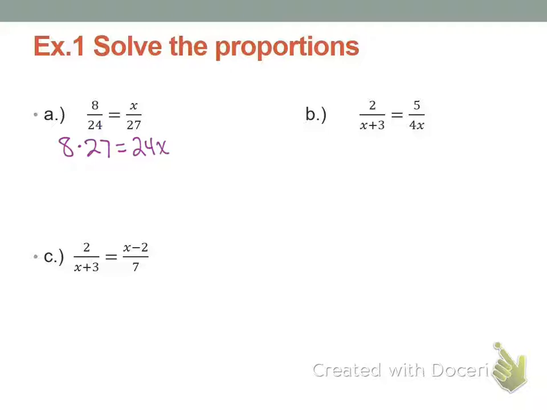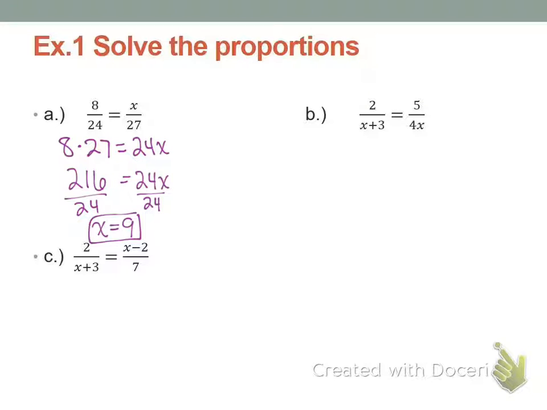Okay, 8 times 27, 216. Last step to solve. Divide. What do we get for x? Are we all okay with that one? Okay, that one's pretty straightforward. Nothing too hard about the math involved there.